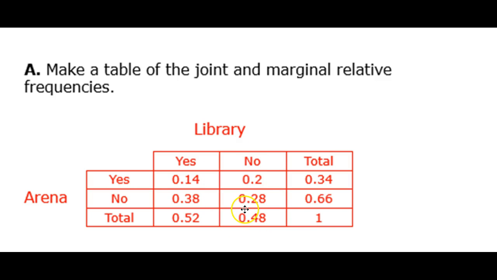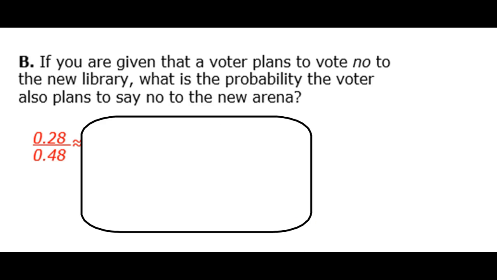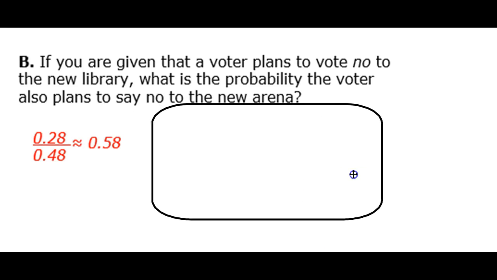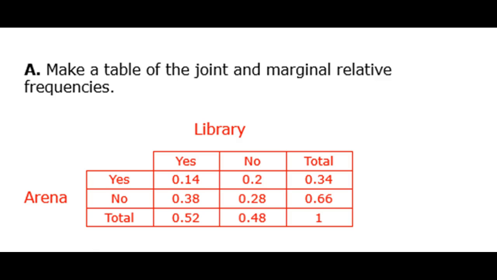And so that gives you the conditional probability of 0.58. It is the joint relative frequency, 0.28, over the marginal relative frequency of our no group, 0.48.